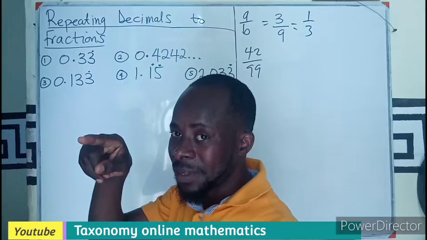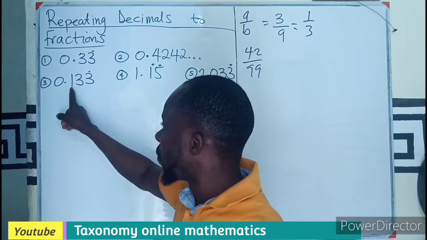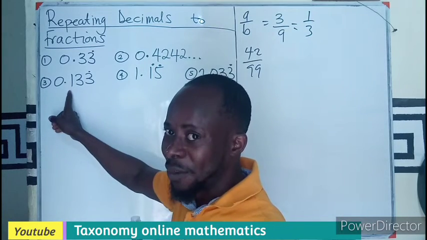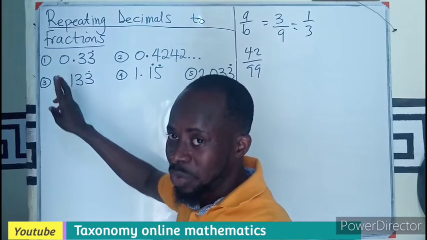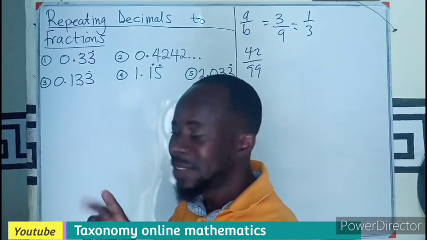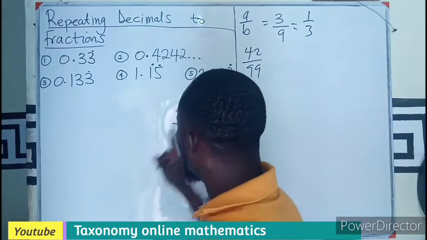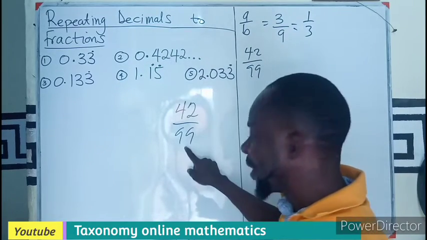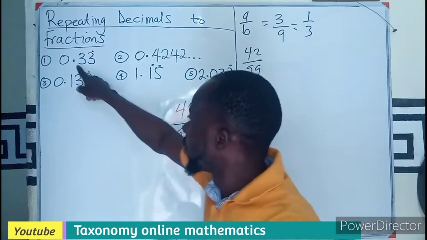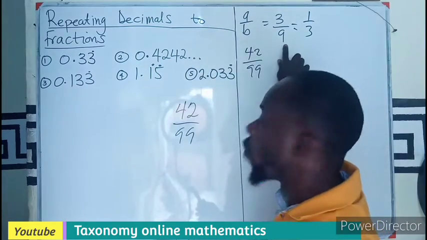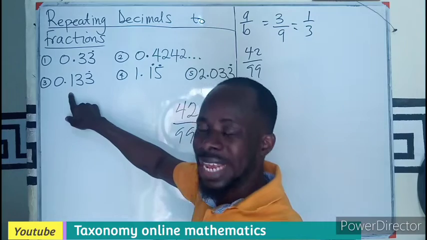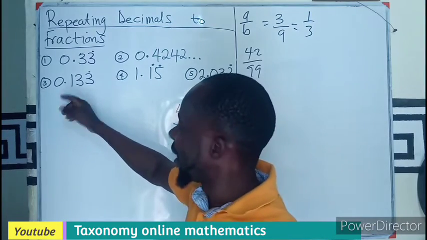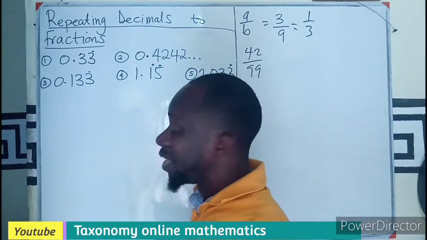So now for you to send the 3 that is recurring to the whole number, that will become 13, right? But because you're going to multiply separately in your mind by 10, it's going to be 100. But your subtraction is not going to be 1 as we have here. There are two numbers, but we take away 1. Here it is only one number, we still take away 1. But here, because the 1 is not part of the recurring numbers, if you are going to subtract from your denominator, it's supposed to be 10.